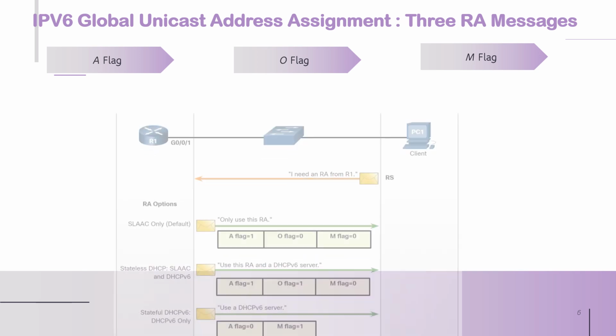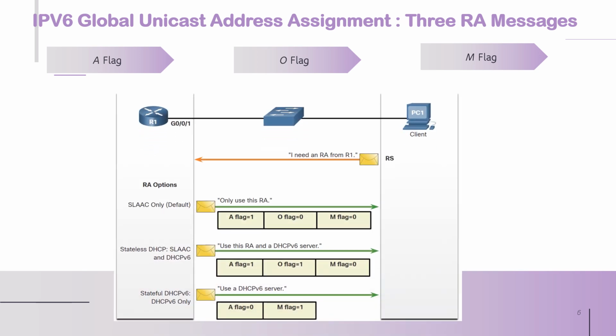And these methods are illustrated here in this figure, which means that the client needs a router advertisement from router 1 to get the information about the IPv6 global unicast address.